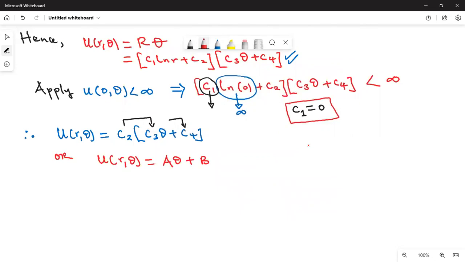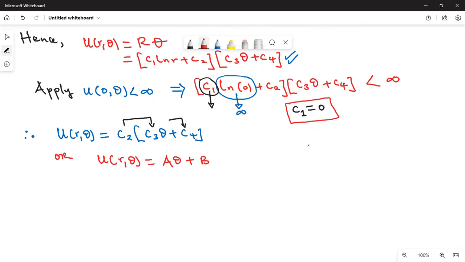We have another boundary condition to apply. Another boundary condition is when r is equal to L. But you see on the right-hand side, we don't have r. It's simply a function of theta. So what can we say?